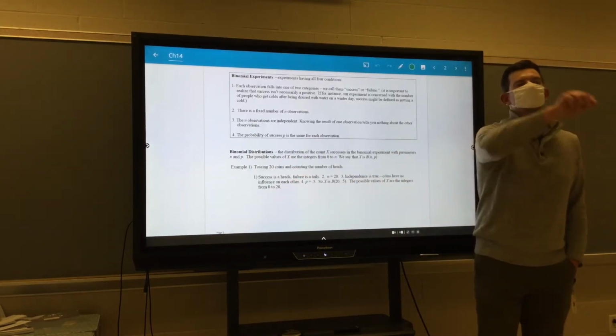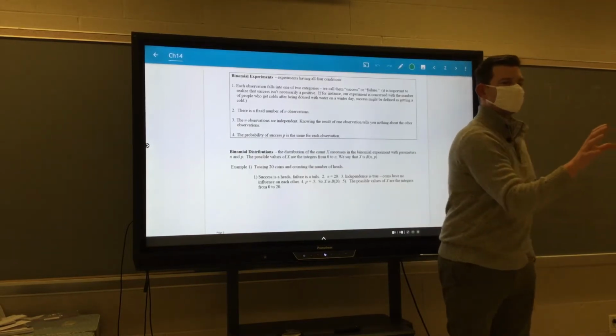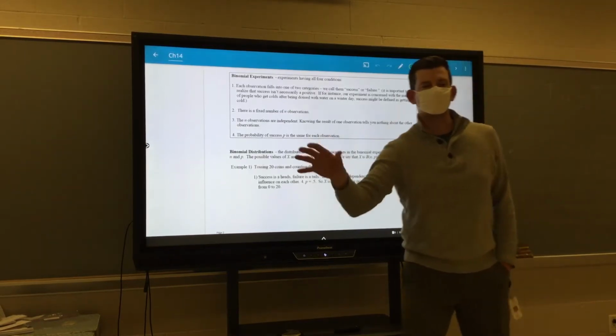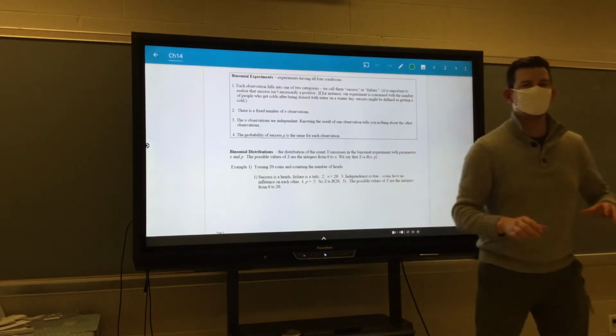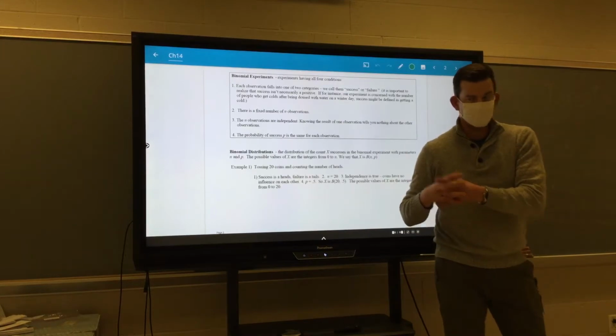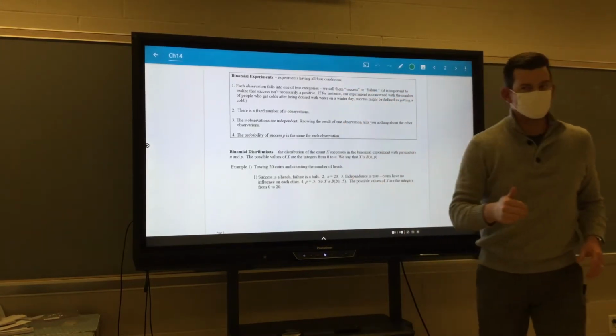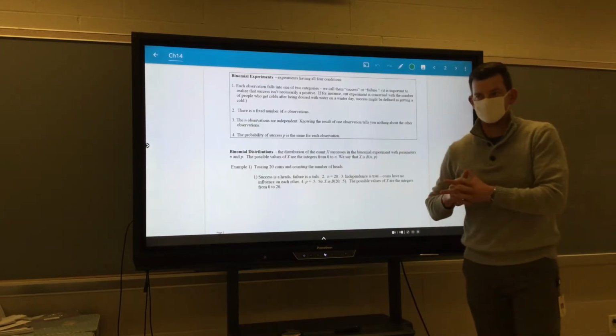We said you could skirt around that by asking, are you Republican or non-Republican? Or Democrat or non-Democrat, so that you have that this-or-that categorization. And that would be important here if you were asking those types of questions and you wanted to fit this binomial model.